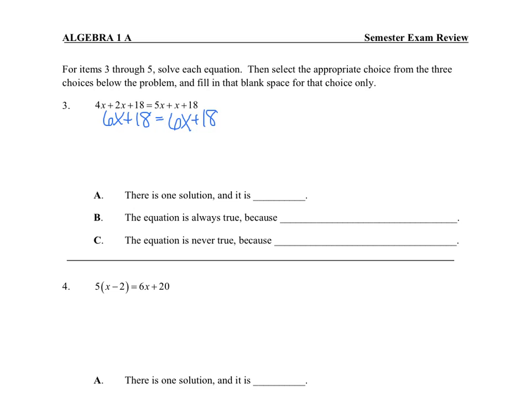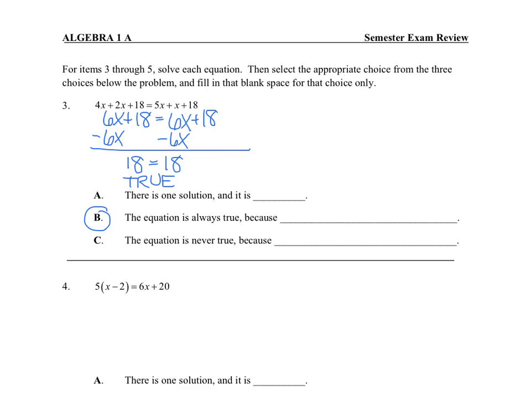So if you already notice that these are the same on each side, then you can go straight ahead to the bottom. Otherwise, I always like to deal with the variables first. 6x minus 6x is 0, so I'm going to be left with 18 equals 18. And this is a true statement. Therefore, my equation is always true.